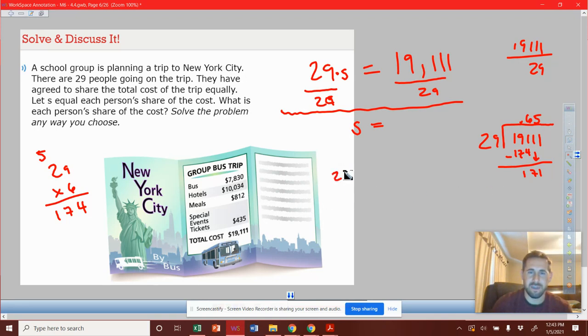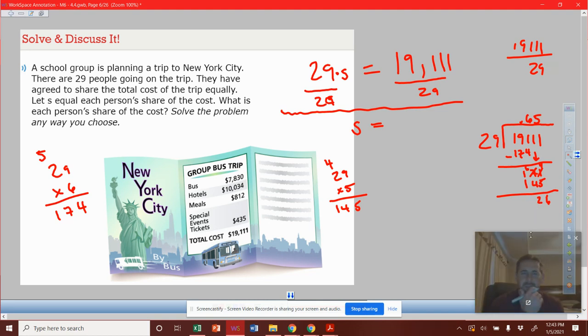So now I have to do 29 times 5. 5 times 9 is 45. 2 times 5 is 10 plus 4. We're at 145. So I can subtract 145 from here, and we'll have to borrow. 11 subtract 5 is 6. 6 subtract 4 is 2, and then 0.